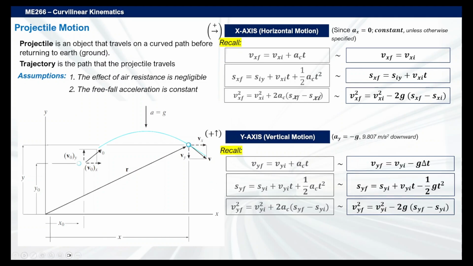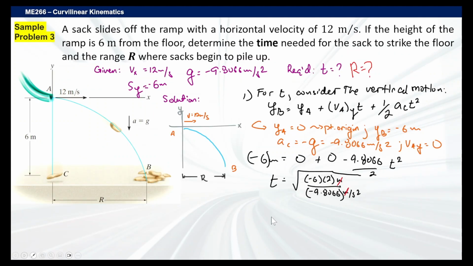So where are we? I believe we're here. There we go. So we already have the time. It's basically the same as the SFX equation, since we're considering the vertical motion.